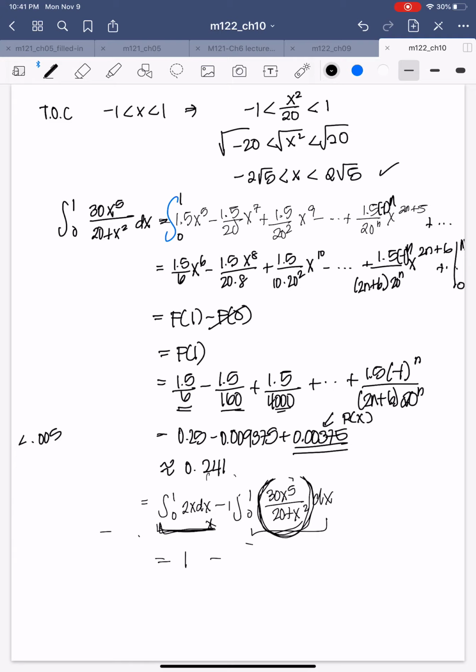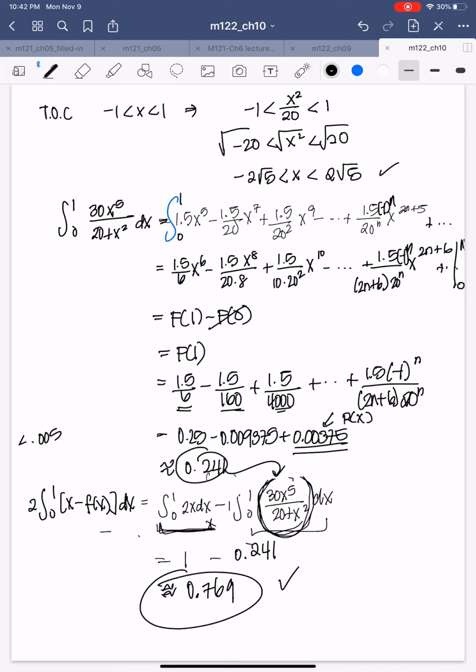So this was 2 times the integral from 0 to 1 of x minus f of x dx. And I'm going to be putting this one for the last one. So that will be 0.241. So my final answer is approximately 0.769.